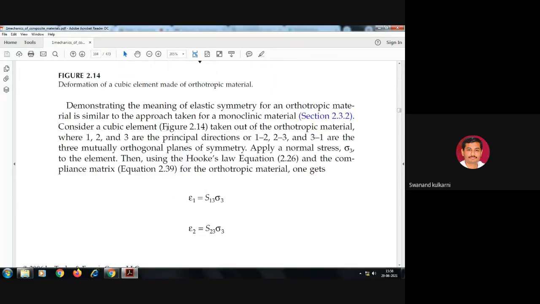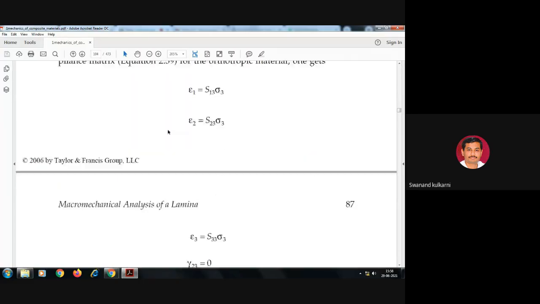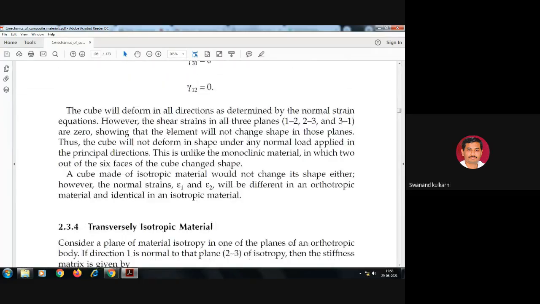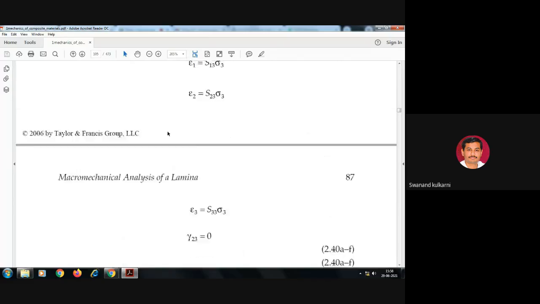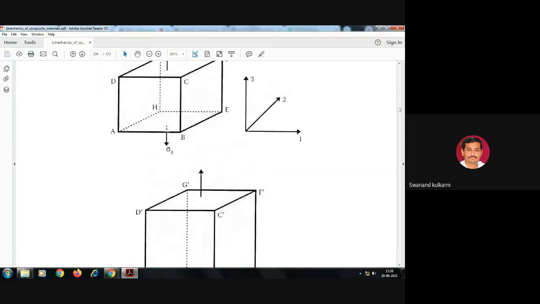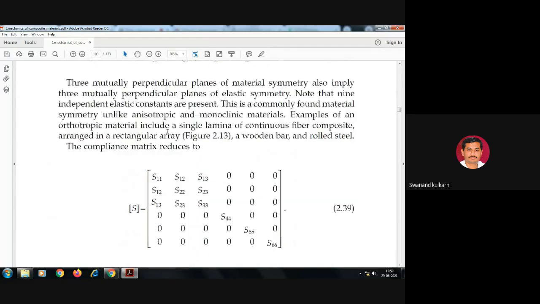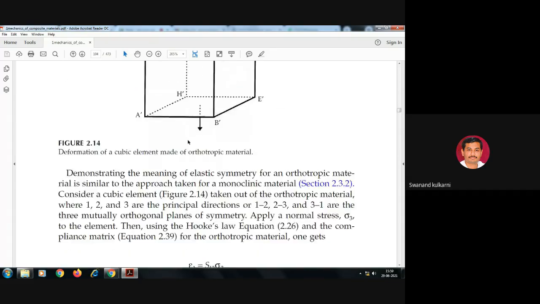Likewise, we should have the relationship between the stress and strain. And for orthotropic material we require 9 constants. A wooden bar and rolled steel are examples of this kind of orthotropic material.